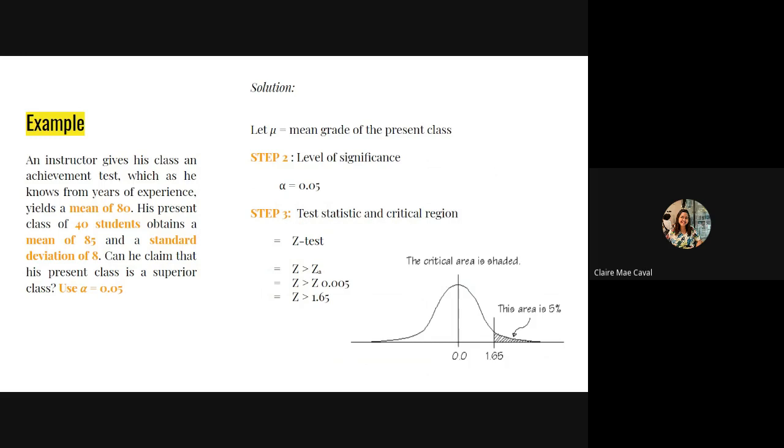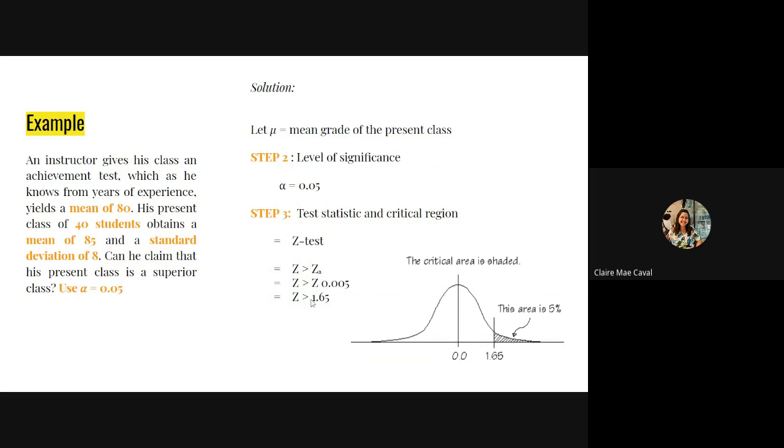Step 2, you get the level of significance. Of course, given naman yung level of significance. So in here, we have 5% or 0.05 level of significance. Step 3, you determine the test statistic and the critical region. The test statistic here is z-test kasi greater than 30 yung number of samples or observations.